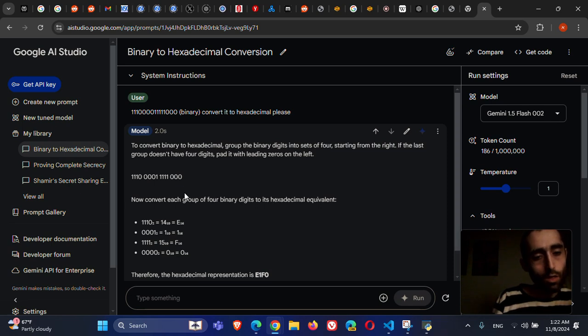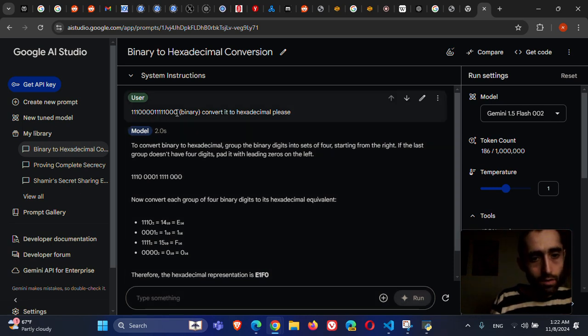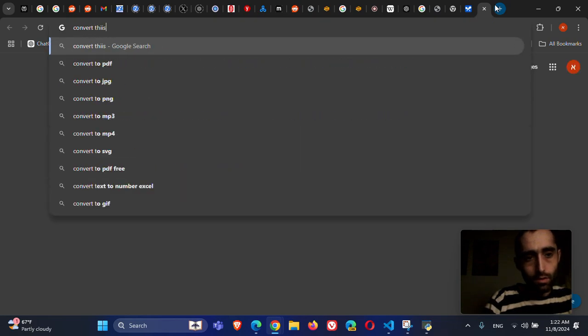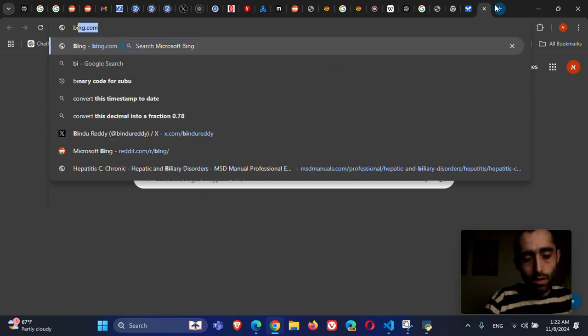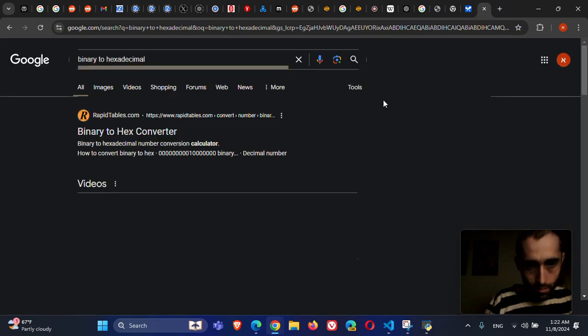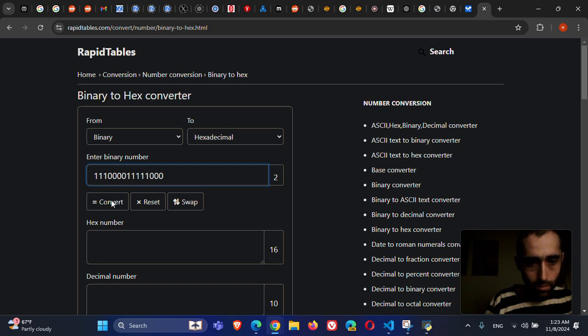I'm starting to think that I'm the one who is making the mistake, but I don't see how. Because if you look at this and convert this binary to hexadecimal, enter a binary number, convert.